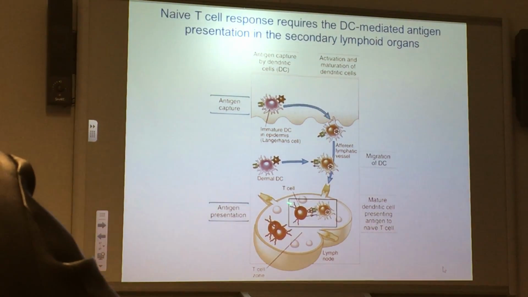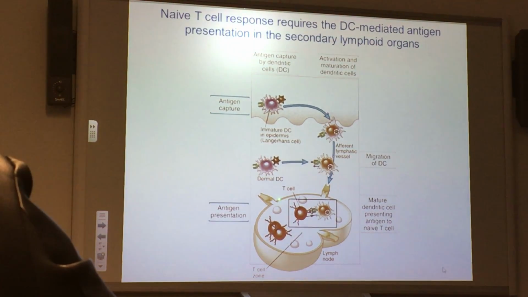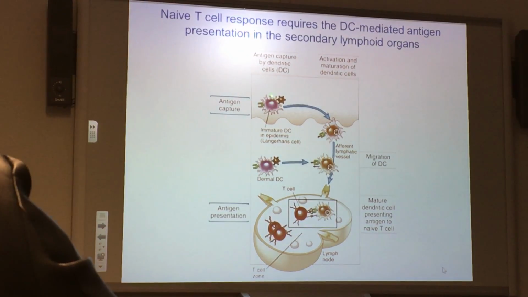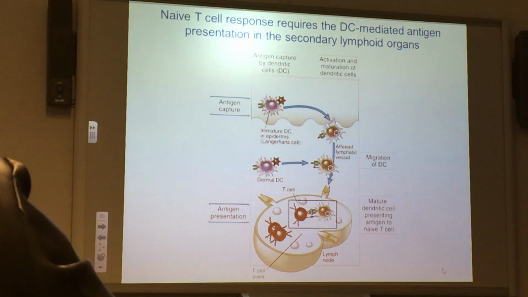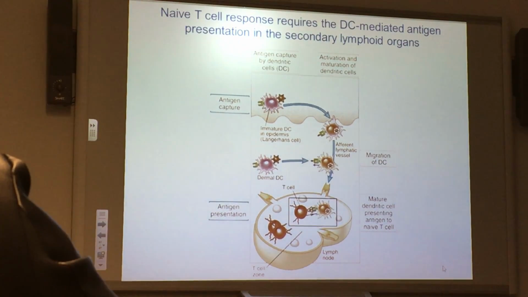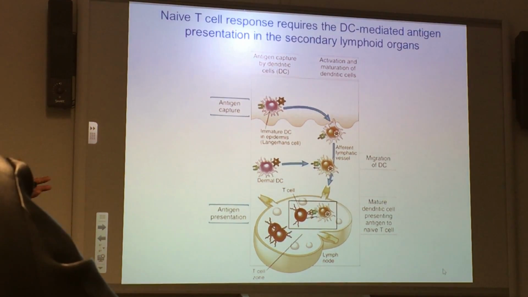So the naive T cell in the lymph node recognizes the same MHC peptide complex as the effector T cell in the skin. The antigen is the same, because it was a clonal proliferation. All the cells recognize the same antigen. But naive cells are activated in the lymph node by dendritic cells, effector T cells in the skin.